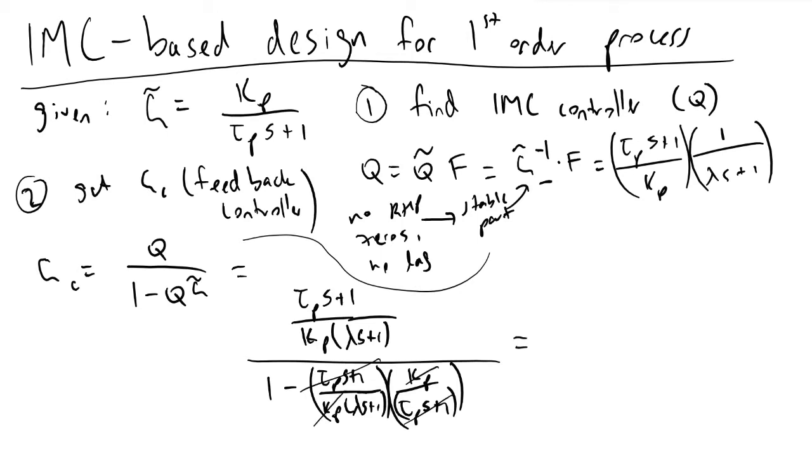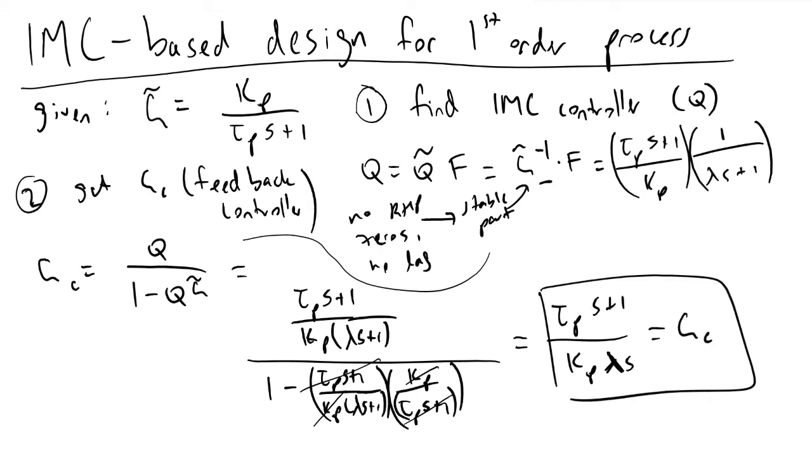The denominator begins to simplify. And after doing some more algebra, what we will ultimately arrive at is that our standardized controller transfer function Gc is equal to tau p s plus 1 divided by Kp times lambda times s.